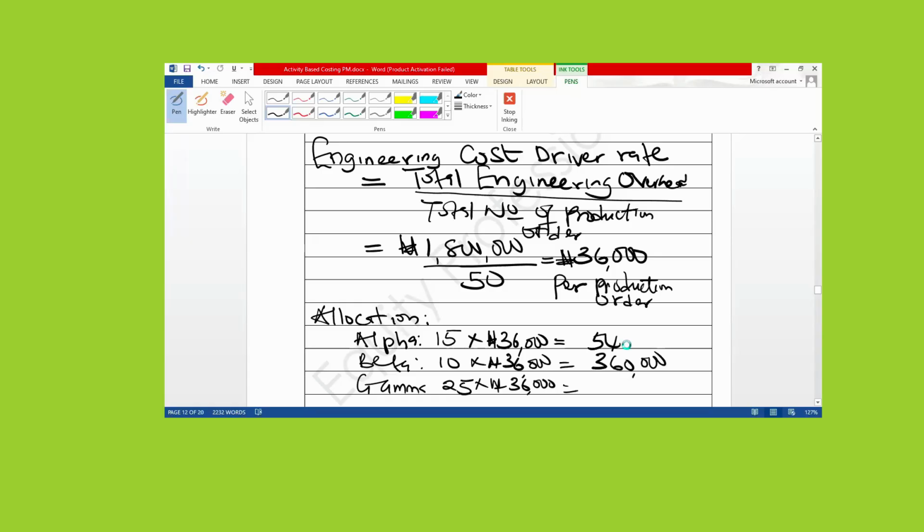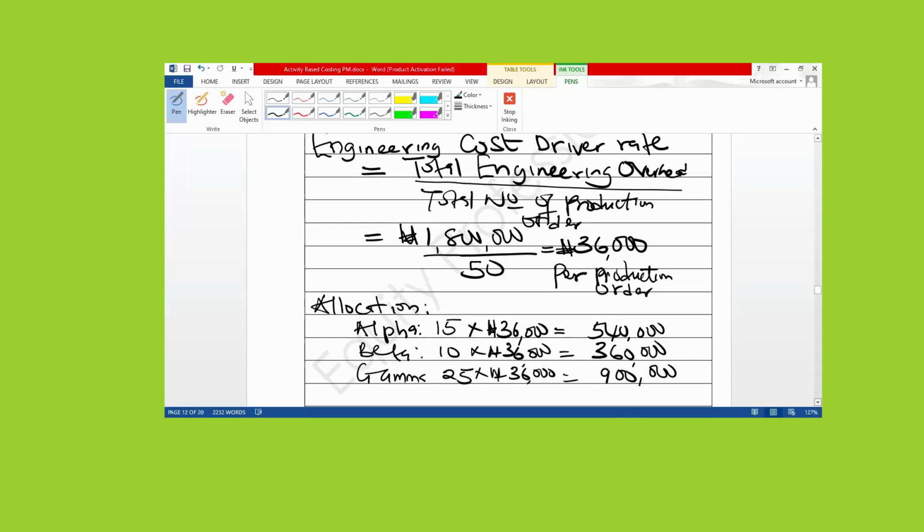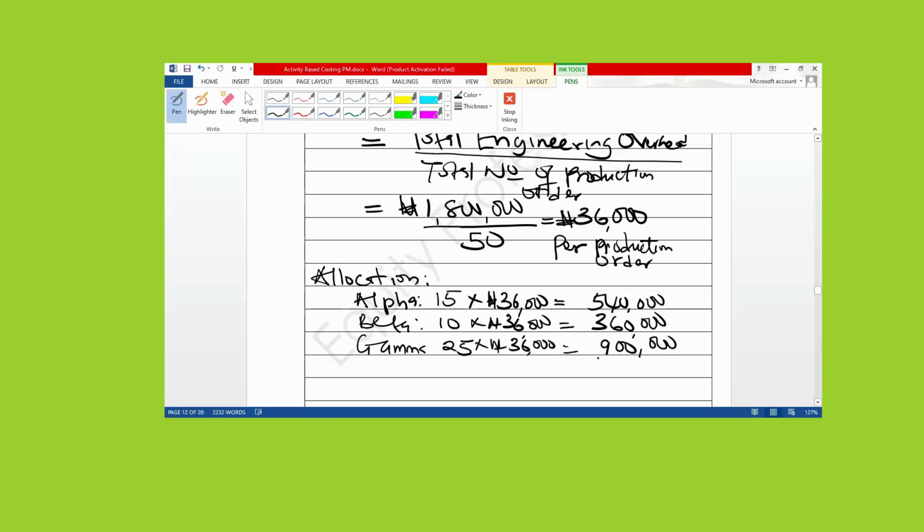For alpha, 540,000. For beta, 360,000. For gamma, 900,000. Totaling 1.8 million. We have apportioned and allocated all the overhead to the different products.